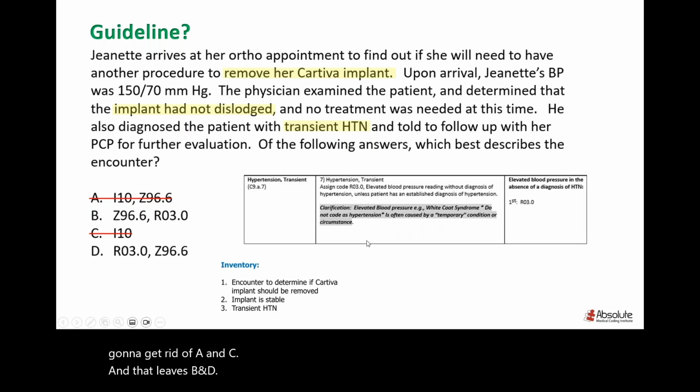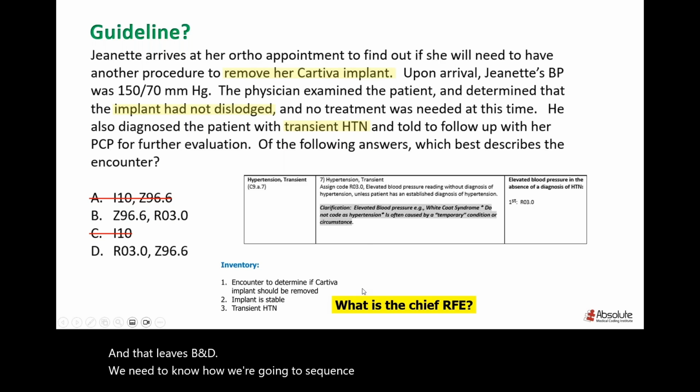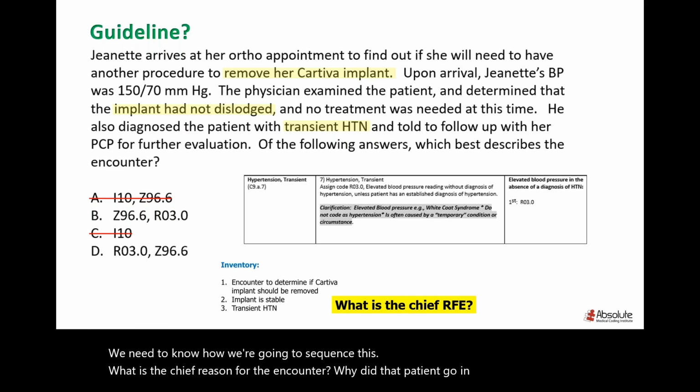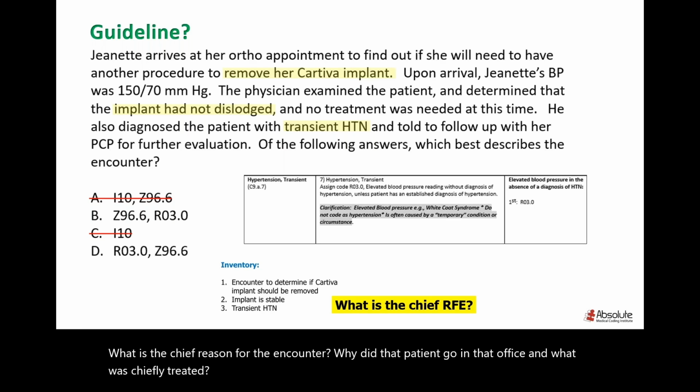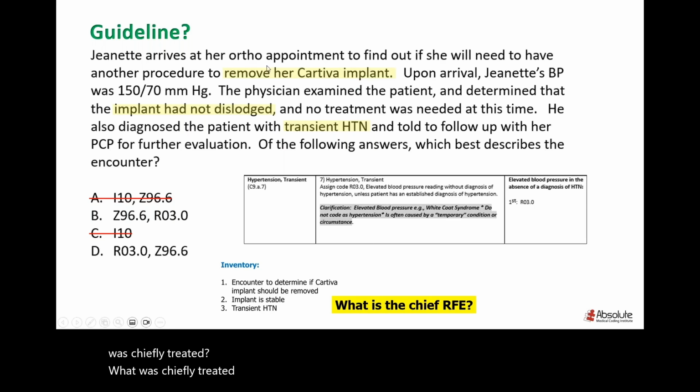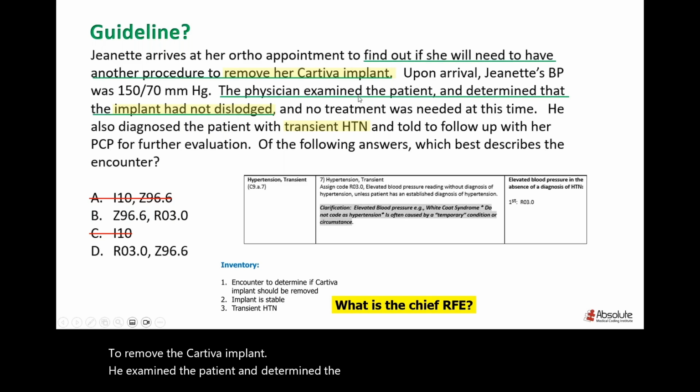Now, we need to know how we're going to sequence this. What is the chief reason for the encounter? Why did that patient go in that office? And what was chiefly treated? Well, what was chiefly treated was that encounter to remove the Cartiva implant, right? He examined the patient and determined the implant had not been dislodged.